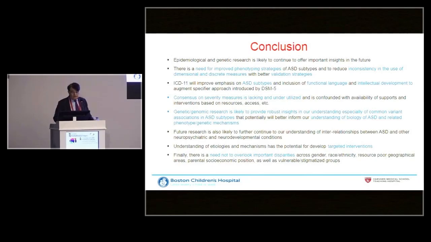Finally, we must not overlook important disparities across gender, race, resource-poor geographical areas, parental socioeconomic position, as well as vulnerable and stigmatized populations. These are the populations that suffer the most from autism. They bear the greatest burden of autism, and they need our help the most. As someone interested in epidemiology and public health, I'm very committed to helping and identifying this group.